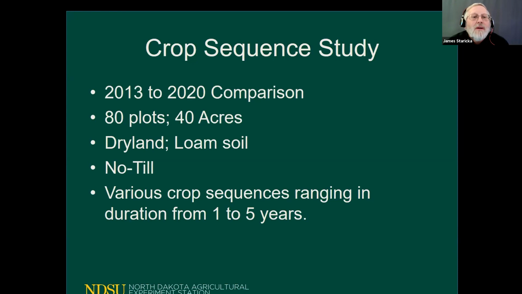And this site has been entirely no-tilled for the duration of this study. In this study, various crop sequences are grown side by side for comparison. These sequences include some short 1 or 2 year crop rotations, such as continuous durum or alternating durum fallow, and it also includes some longer term 5-year crop rotations.